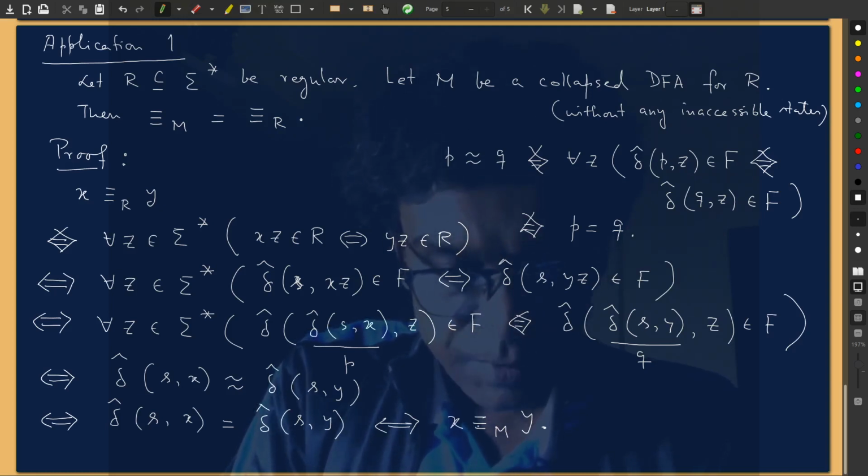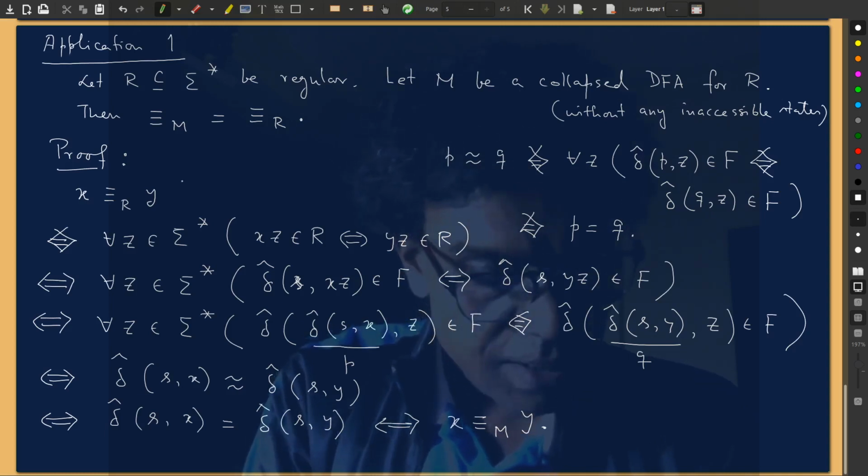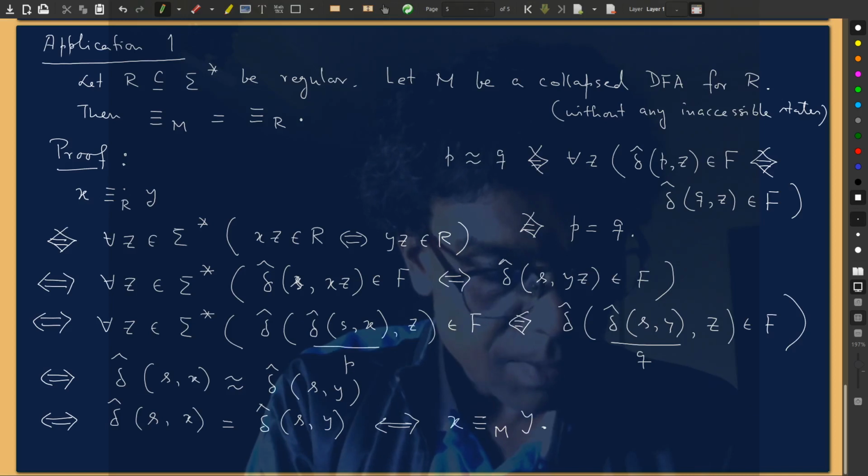So a collapsed automata without any accessible states corresponds to exactly this relation, and that is independent of any machine.